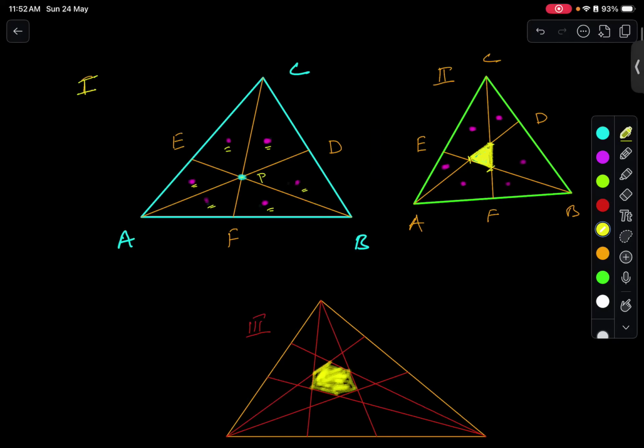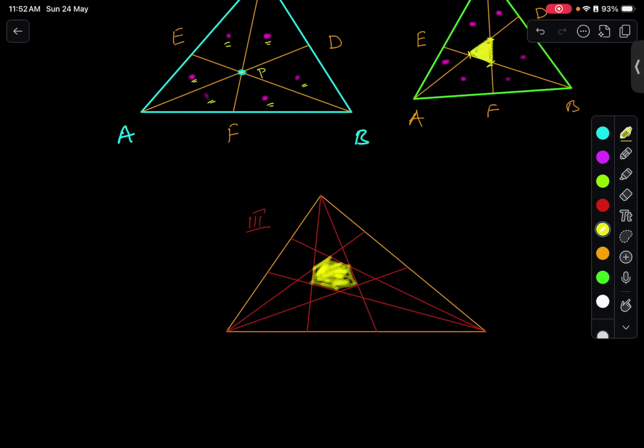Because they will ask what is the area of this triangle if a few pieces of information are given. And the third case is a little bit tougher and more complicated: if the cevians are such that from each vertex two lines are passing and divide the opposite side in a ratio.